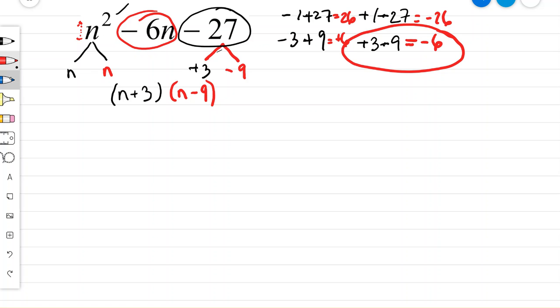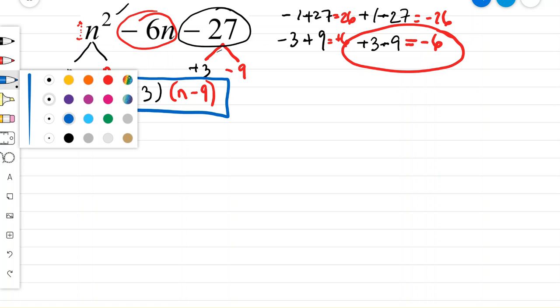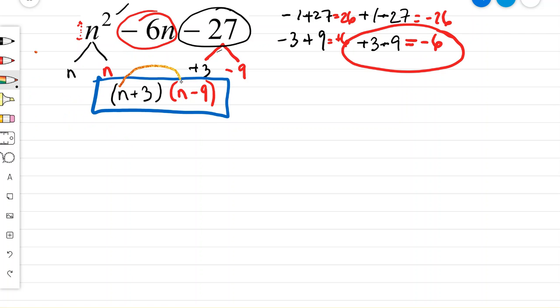Well, if I did everything correct, everything in this box should be my solution. But like I keep telling you, if you want to be absolutely certain you have the correct answer, you will have to check these. So let's check them real quick. We're just going to run through this as fast as we can. Okay, so n times n is n squared. n times negative 9 is negative 9n. 3 times n is positive 3n.